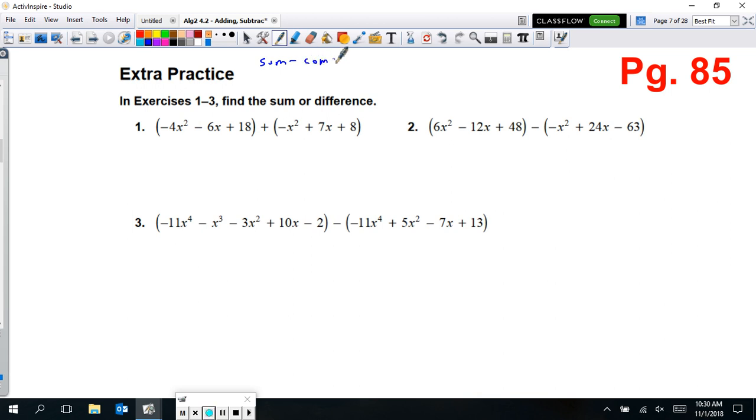That's meaning you're adding. And when you see the word difference, that means subtracting. In that one, we're going to distribute the negative first, which would be that sign in the middle. So distribute negative, then combine like terms.